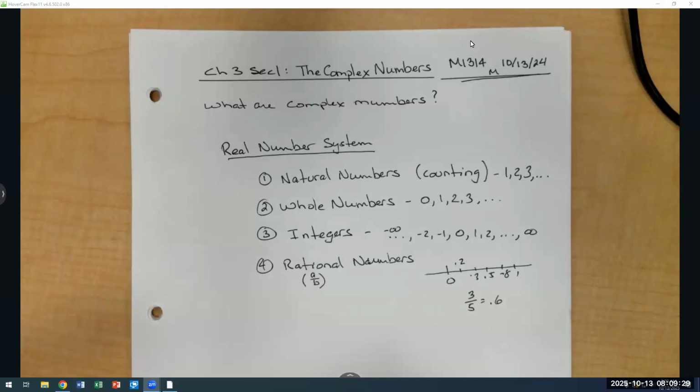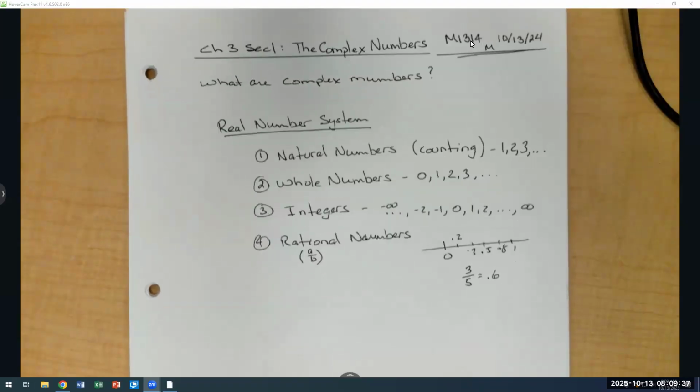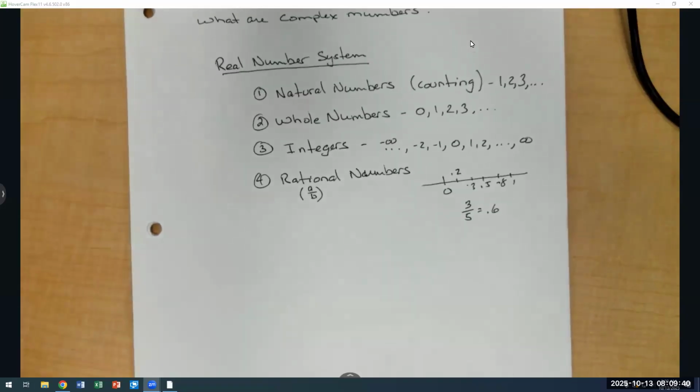This is the perfect world. We can calculate stuff. We can get real numbers. We can get answers. Are those all the numbers that there are? No.